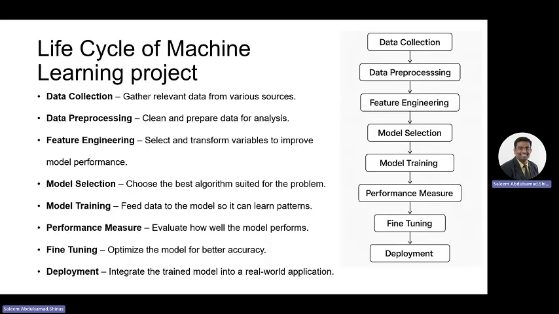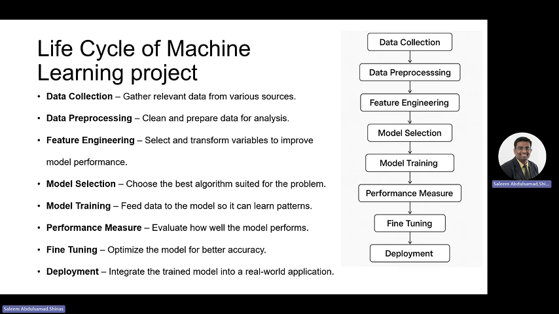And when you start a machine learning project, where do you have to start? This is a fundamental question, right? We will start from the first step, data collection. I will explain shortly the different ways you can collect the data. Then we have to pre-process the data. Then we apply some feature engineering techniques.